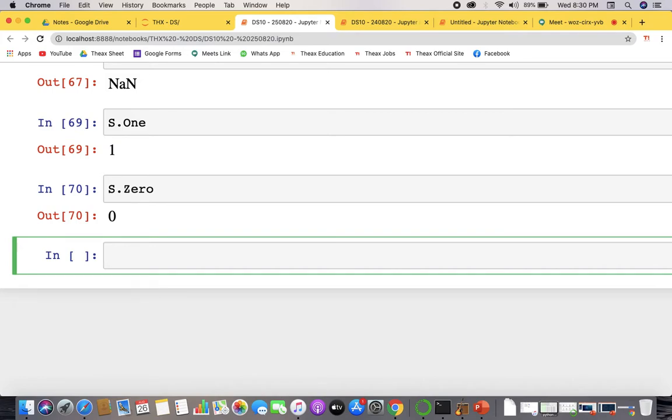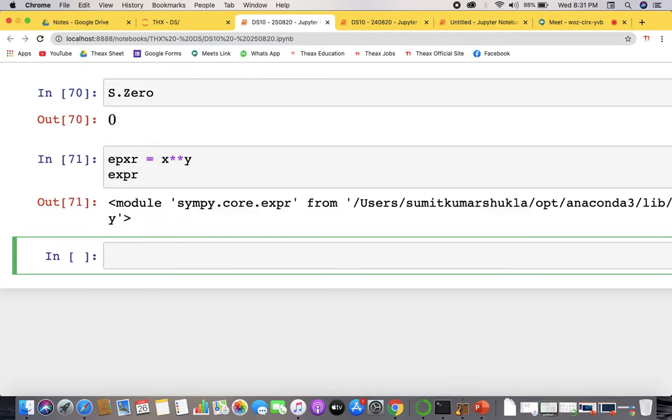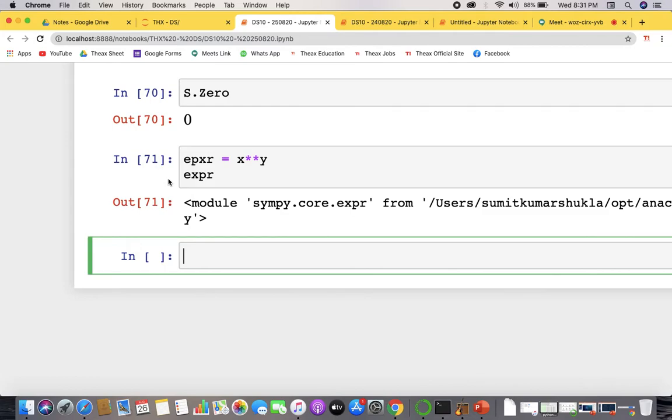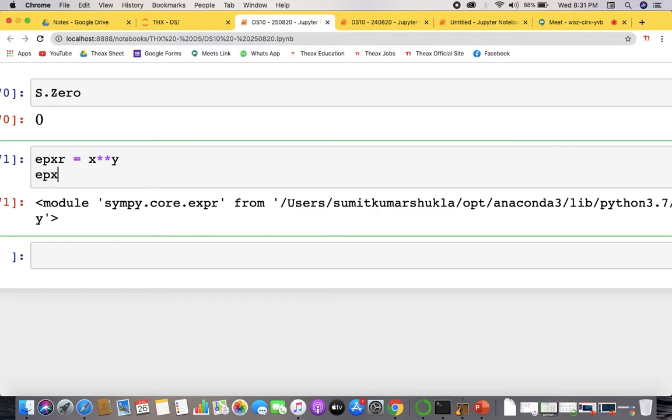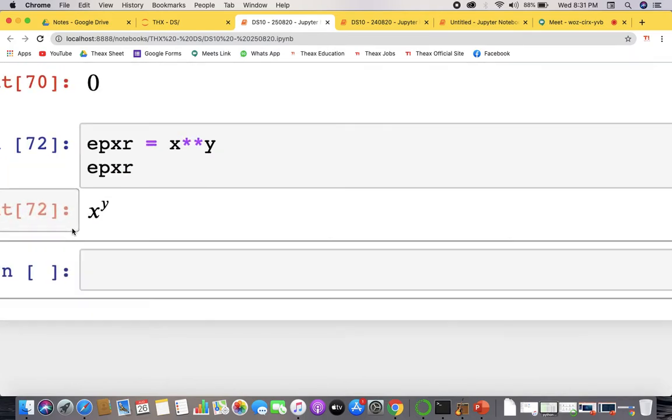Okay, now moving on. You have seen all the basic operations till now. Let's explore it more. One of the most common things, which I gave you at the very first, was the substitution method. You write any equation and use subs to substitute values. So if I write an expression, let it be x to the power of y, and run this, you get x to the power of y.